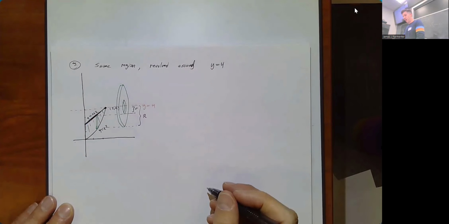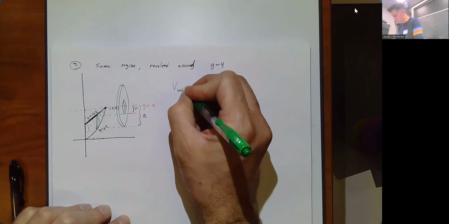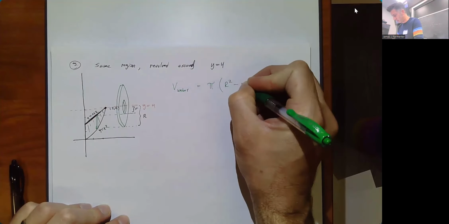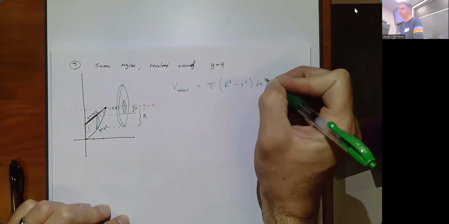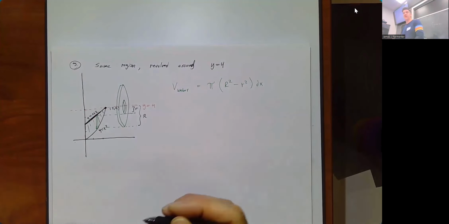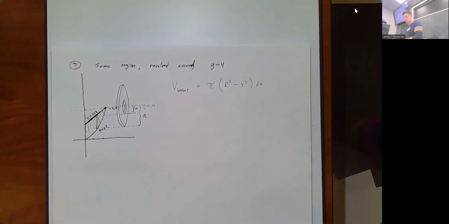All right, so the volume of my washer, as usual, let's factor out the pi. It's pi times big R squared minus little r squared times the good old dx. Okay, my outer radius here is not just x squared. In fact, let me be super clear.